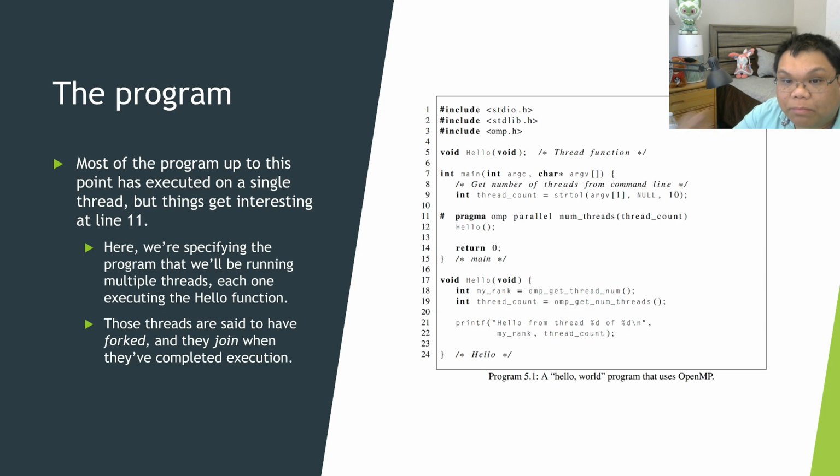So we have an implicit barrier. Those threads that have finished running that hello world function wait at that barrier for all other threads to finish executing the same function. Once every thread has arrived at the barrier, all of those threads in that team join back together with the main thread.